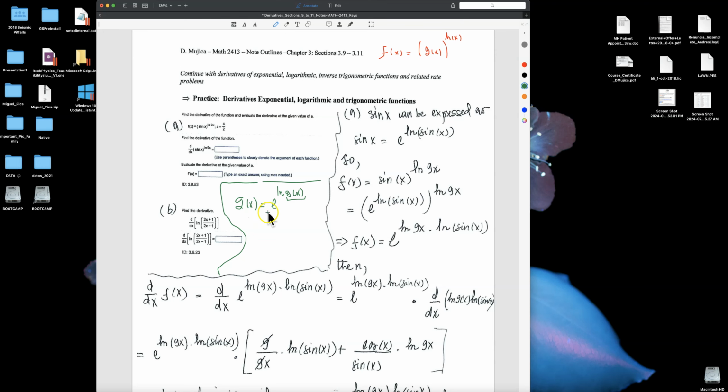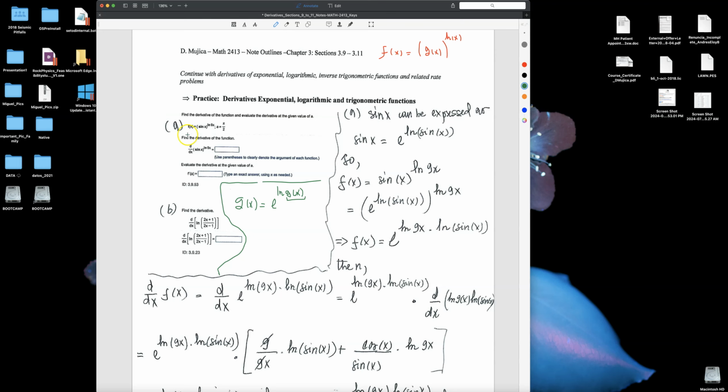This relationship is valid for every function, assuming, of course, that g(x) is evaluated at points that belong to the domain of the natural log.